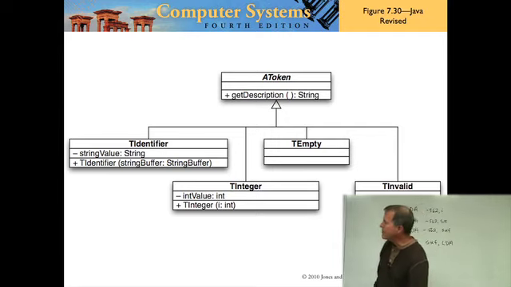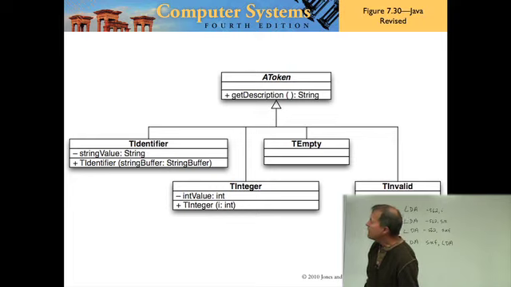Oh, no, wait. I take that back. In C++, they are going to be subclasses because it is an abstract token. In the next edition, it'll actually tell you to do classes instead of enums.